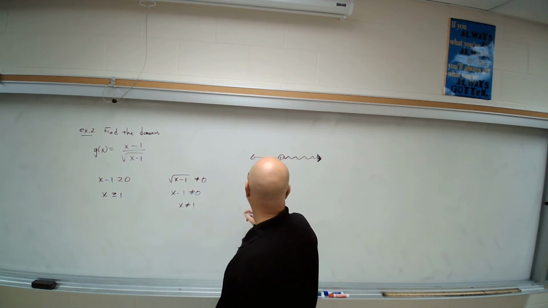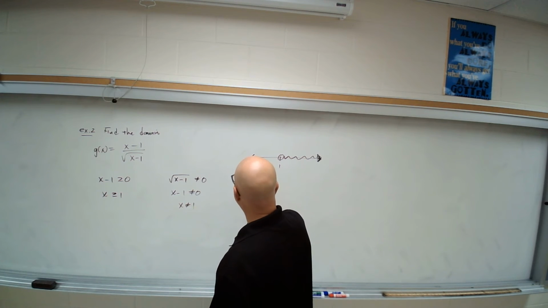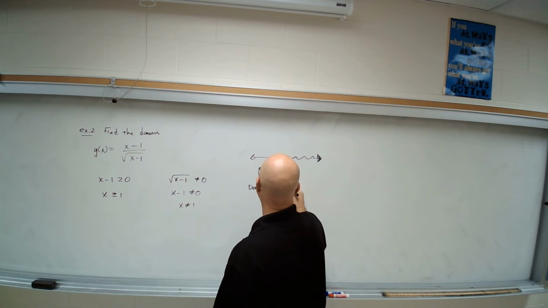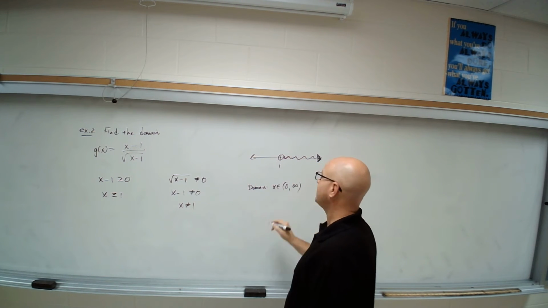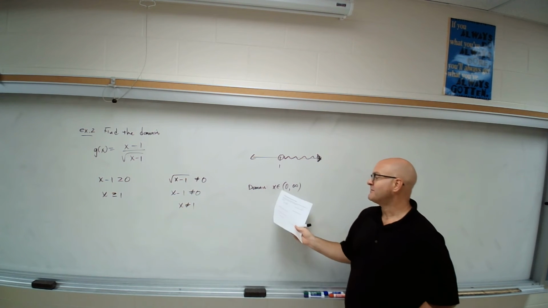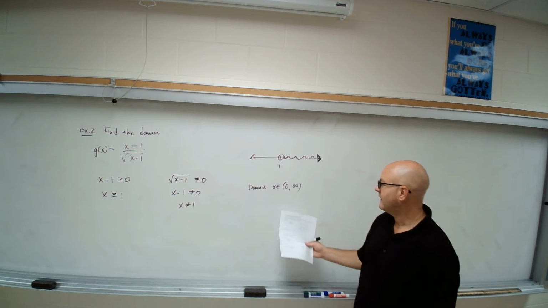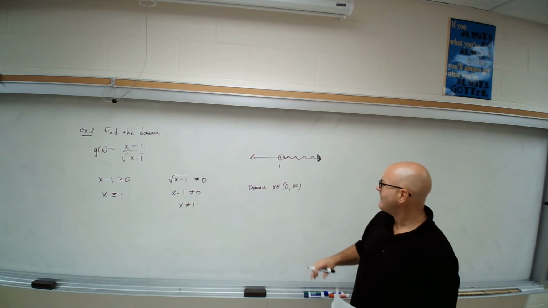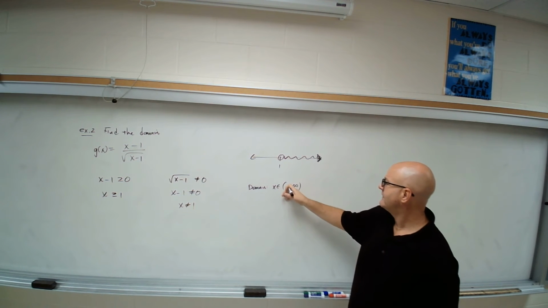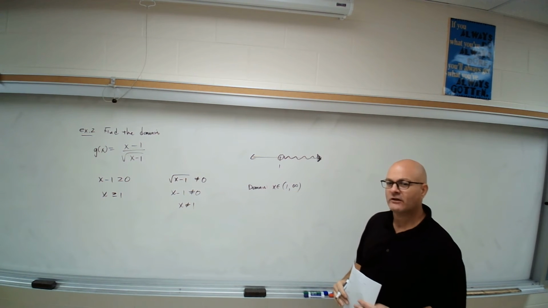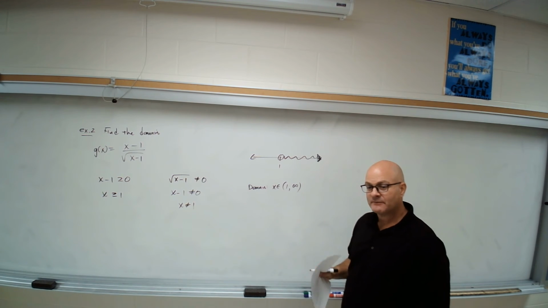Since it's just greater than, our domain then will be x is contained in the open interval from 0 to infinity. Open interval just means they're both parentheses. Why did I put 0 though? That was just bad. How about 1? 1 looks a lot more correct. So that one.